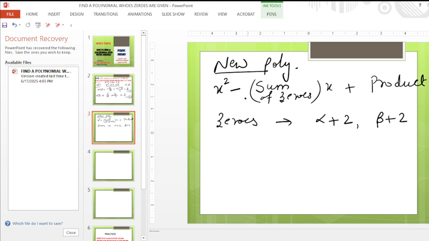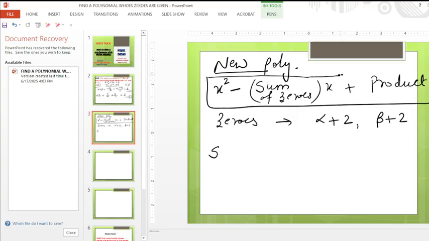So I need the sum of zeros and product of zeros. The sum of zeros we found earlier was for the previous polynomial, but now we need the sum of zeros for the new polynomial, so we have to find it again.